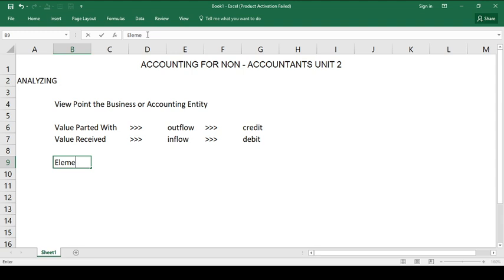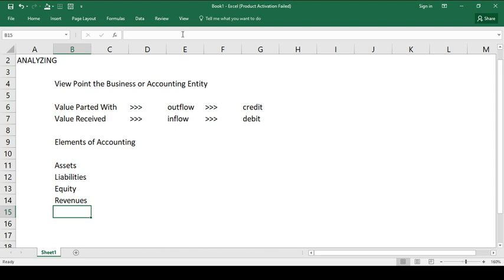Ngayon, let's discuss more on this particular topic on the elements of accounting. In the elements of accounting, we have 5 different elements: the assets, the liabilities, the equity or the capital, the revenues, and the expenses.